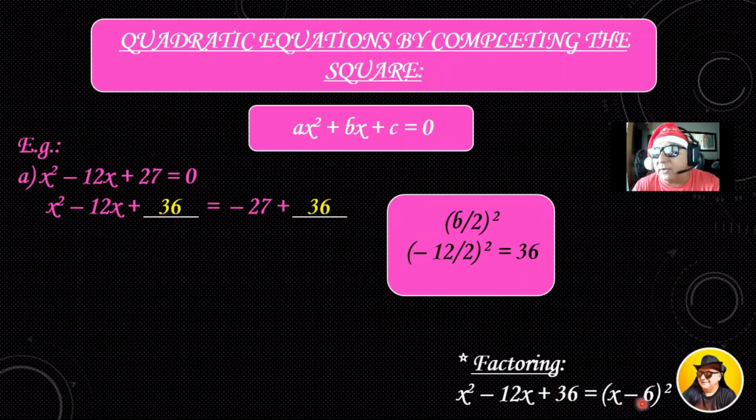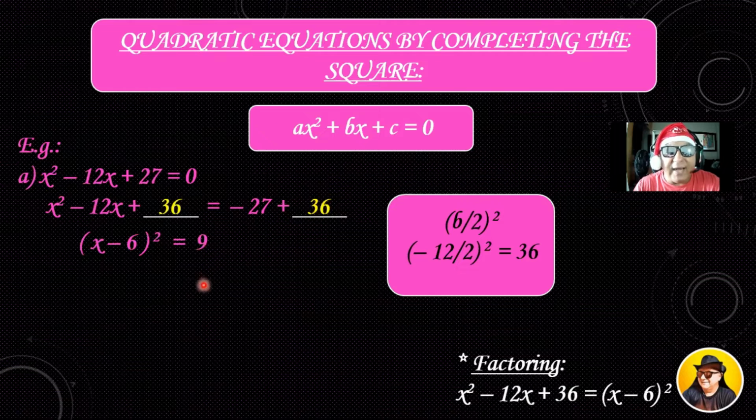The sign in the middle is minus, so the sign here is minus. Replacing the trinomial by the factored form, x minus 6 squared is 9, because minus 27 plus 36 is 9.